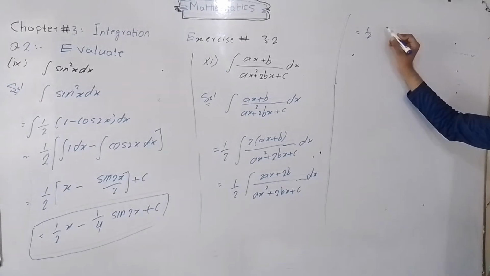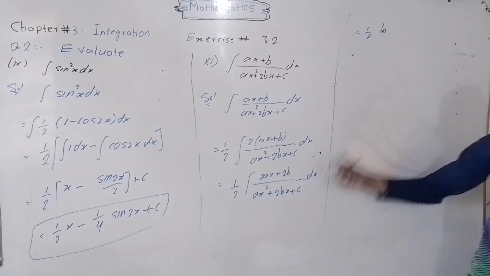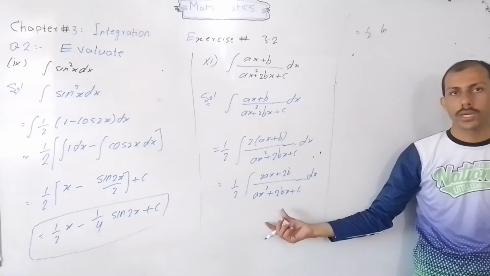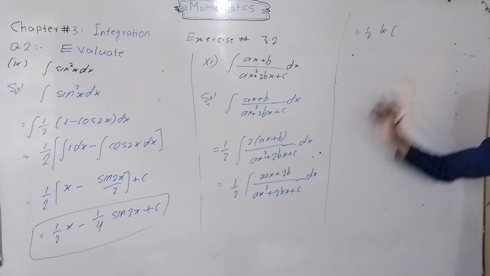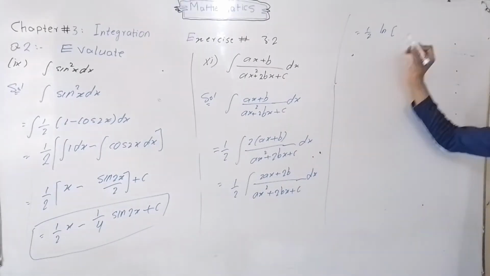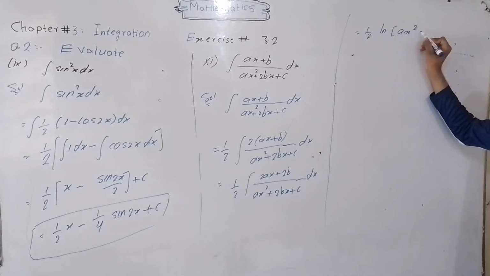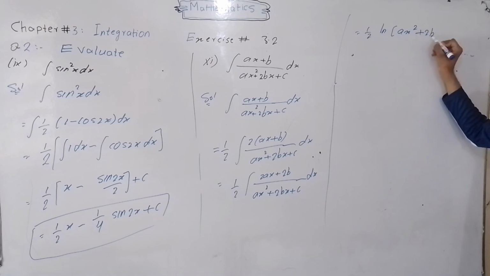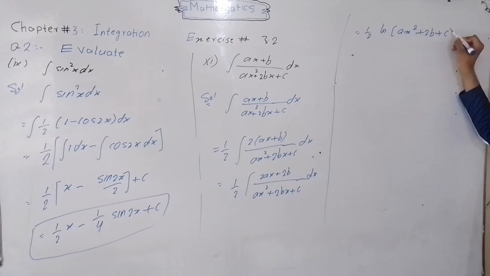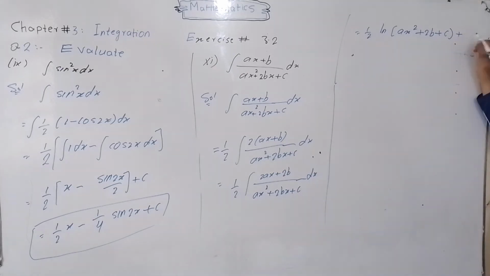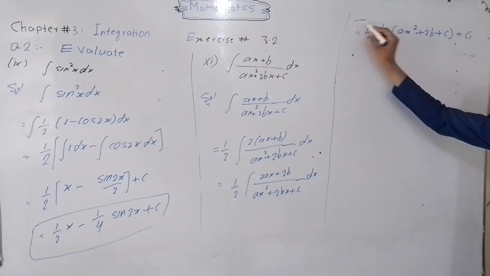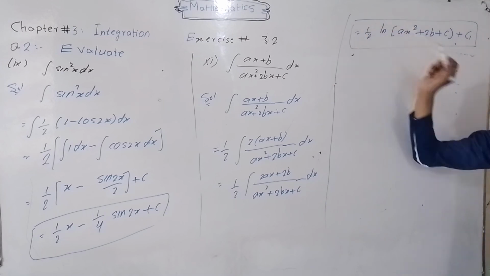So we can also write, the derivative is given in the numerator of the denominator function. So 1 divided by 2 natural log of ax square plus 2bx plus c, plus c1, which is the required solution.